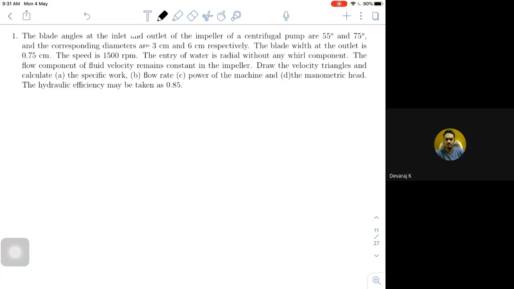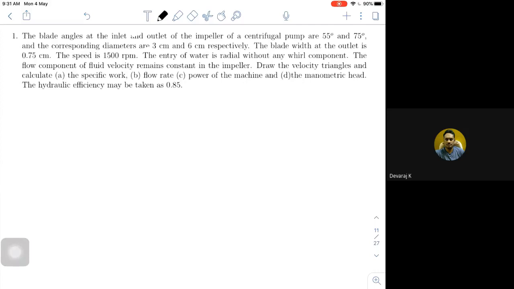The entry of water is radial without any whirl component. The flow component of fluid velocity remains constant in the impeller. Draw the velocity triangles and calculate the specific work, the flow rate, the power of the machine, and the manometric head.